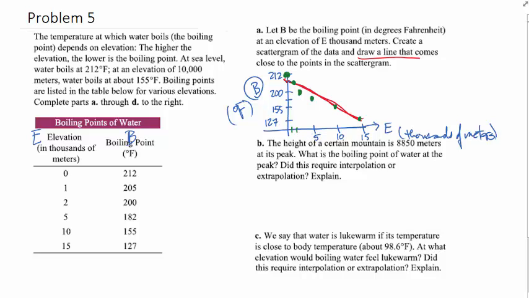So if we look at 8,800, that's past 5 and close to 10, close to 9 actually. So let's call it 8.8, and then this is going to be a value.